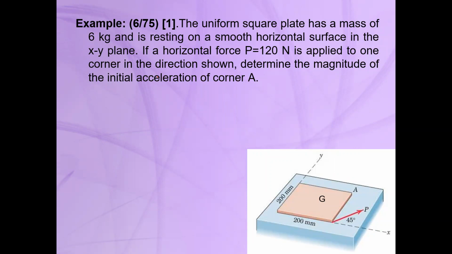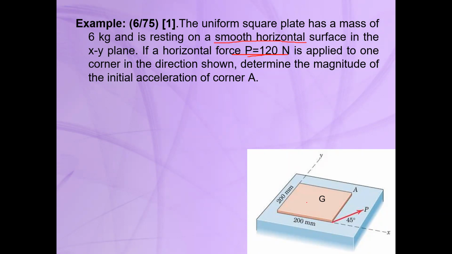So in this problem, we have a plate which is located on a smooth horizontal surface. It means that there is no friction. This plate will start to move due to this 120 Newton force.